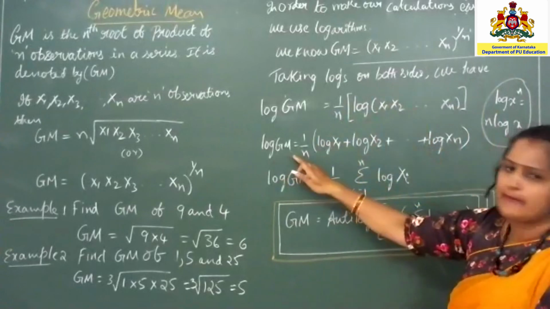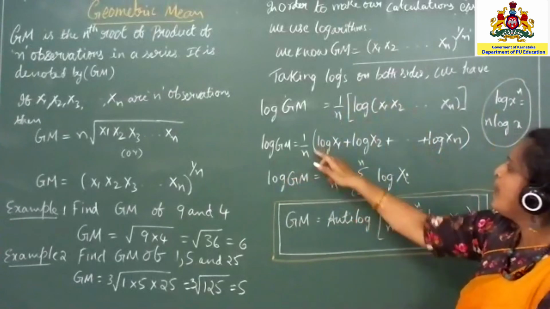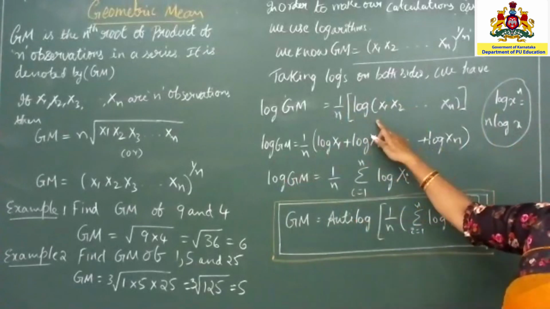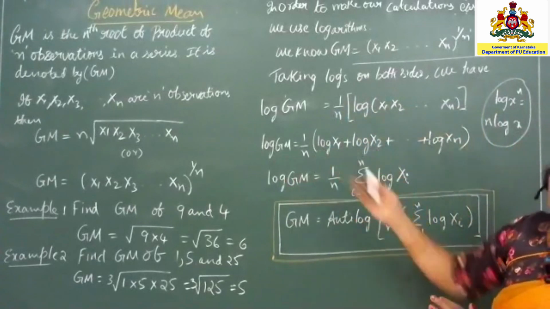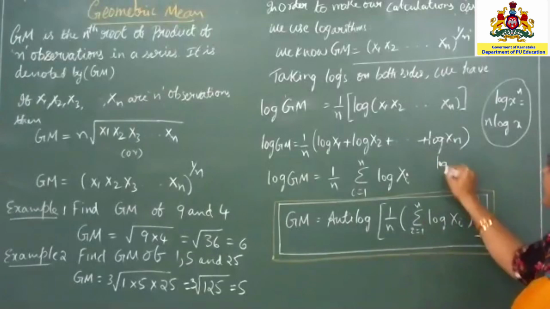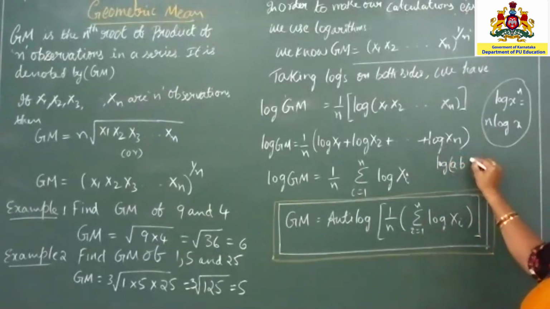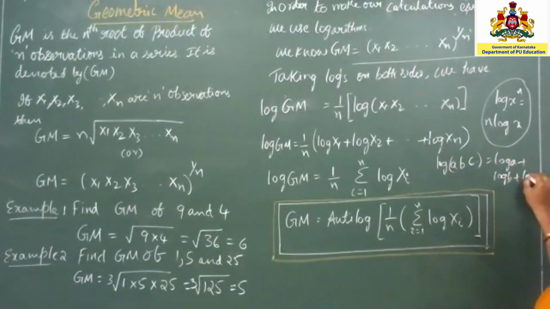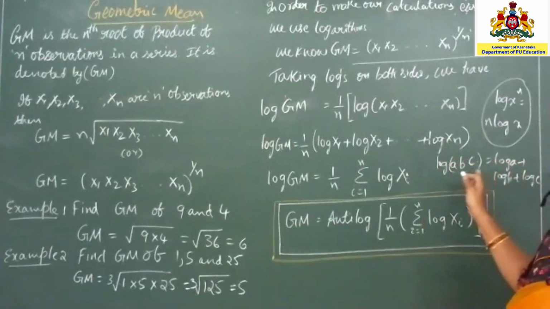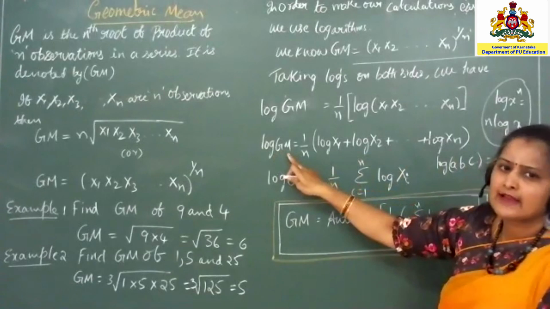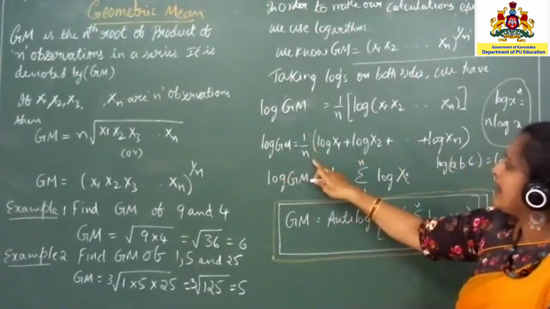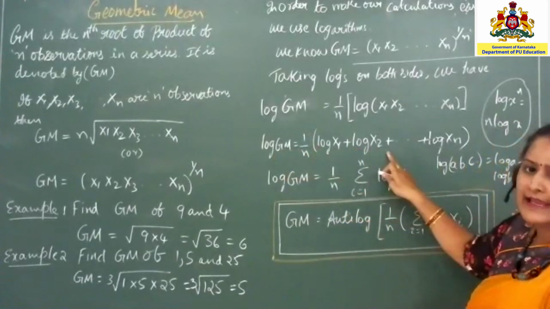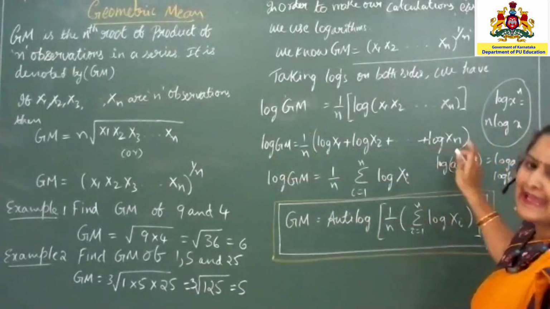Afterwards, log GM, that is the geometric mean, equals 1 by n into log of a, b and c continuously. Here log of a, b, c is nothing but log a plus log b plus log c. So we write log of GM is equal to 1 by n into log x1 plus log x2 and so on plus log xn.